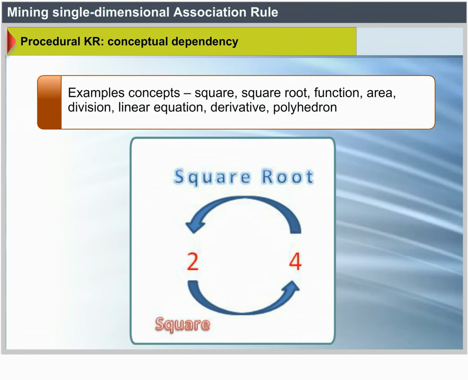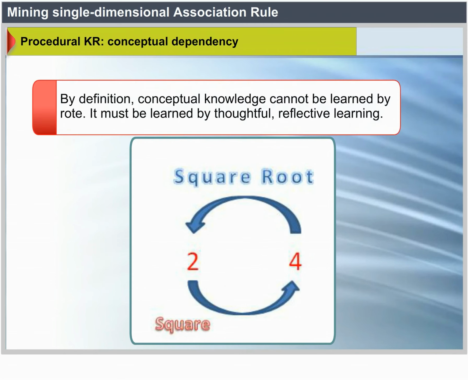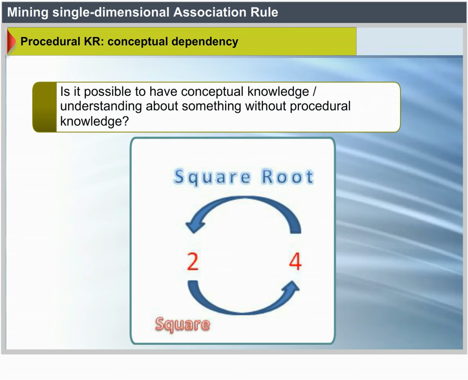Examples of concepts: square, square root, function, area, division, linear equation, derivative, and polyhedron. By definition, conceptual knowledge cannot be learned by rote. It must be learned by thoughtful, reflective learning. Is it possible to have conceptual knowledge or understanding about something without procedural knowledge?